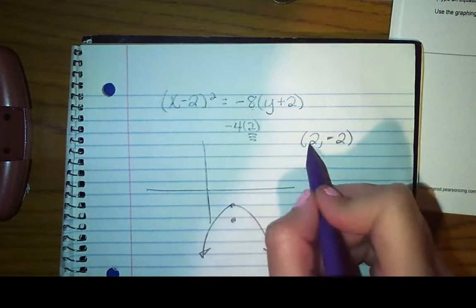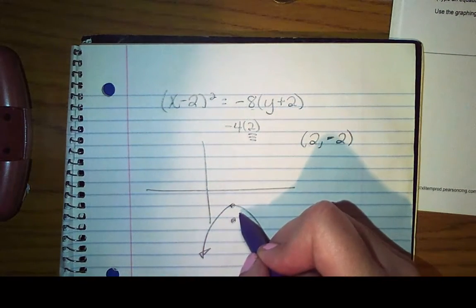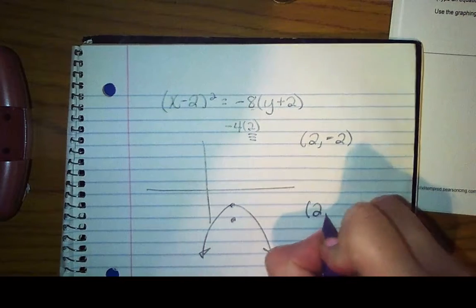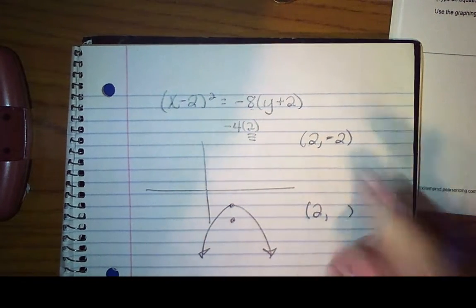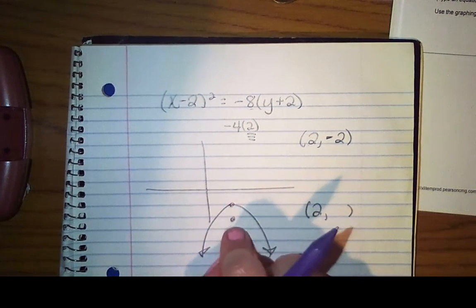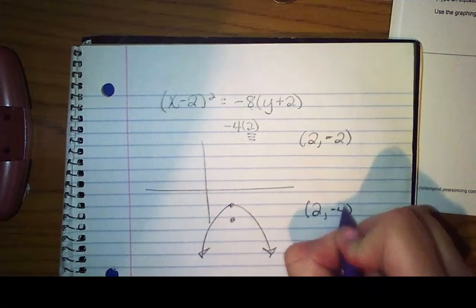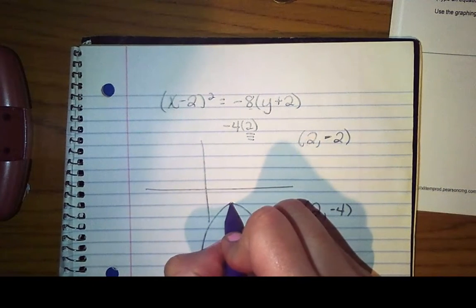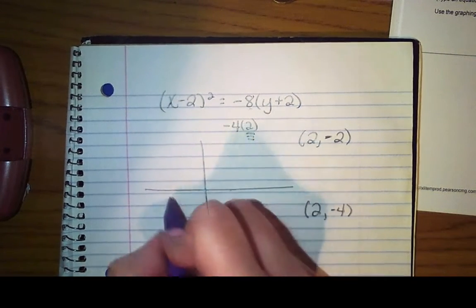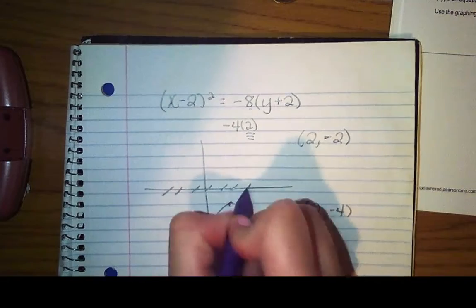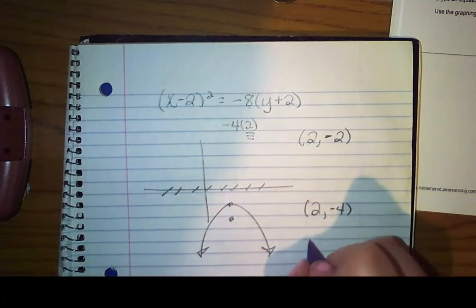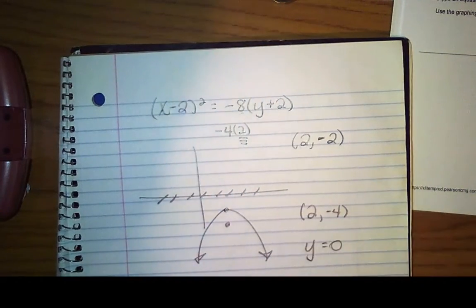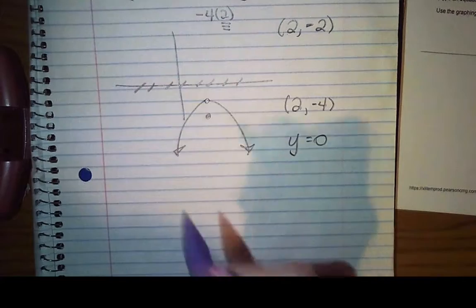If I'm at 2, negative 2, your left-right isn't going to change, so your focus will still be at 2 something. But from negative 2, I've got to drop down 2, so I'm at negative 4. And from negative 2, I've got to go up 2, so I'm at 0. So your directrix slices through the y-axis at y equals 0. And that will be your parabola.